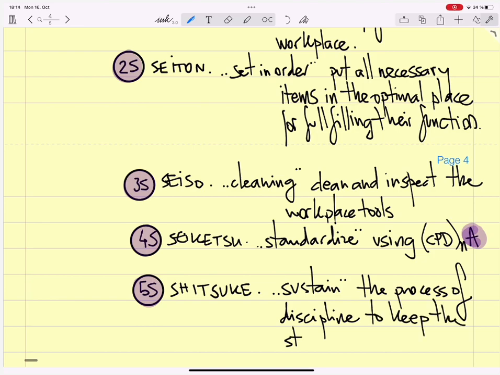So probably if you have the experience, you clean the kitchen, and a week later your boyfriend or girlfriend has made a mess again. Or you clean the bathroom and it's again a mess, right? So keep the standard is the most difficult part. Not just to clean, but to keep it. Okay? This is shitsuke.